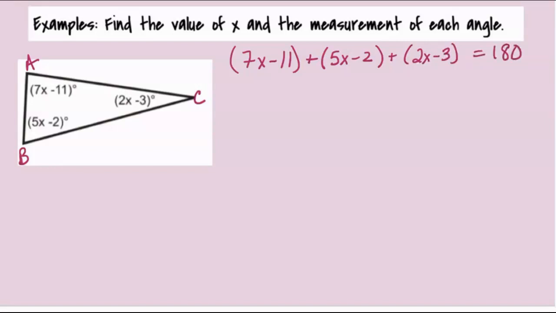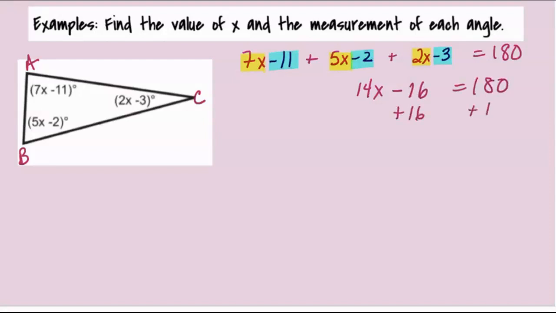So now if I take away my parentheses, since there's no multiplication, and I combine like terms, 7x, 5x, 2x is 14x for one set of like terms, and negative 11, negative 2, and negative 3 for my other set of like terms, I get 14x minus 16 equals 180 degrees.